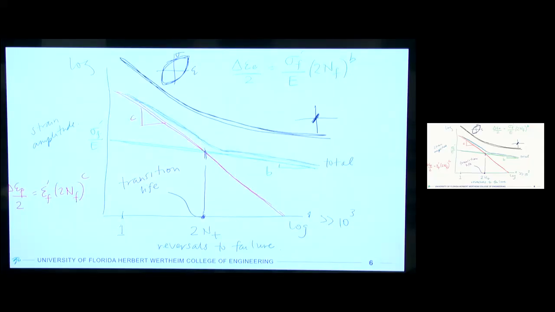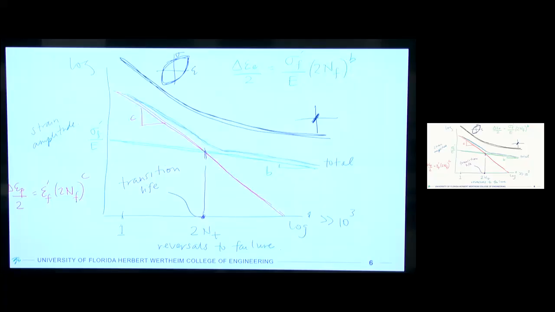If we know what our strain amplitudes are going to be, and maybe we're given a strain amplitude spectrum of loading or something like that, and we need to pick a material, well, if we can have an allowable lifetime that's very low, then we're going to pick a material, and I'm going to write this on the left side here, even though this plot's getting super busy.